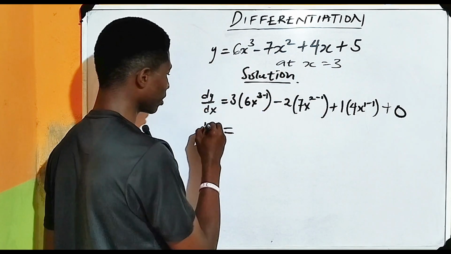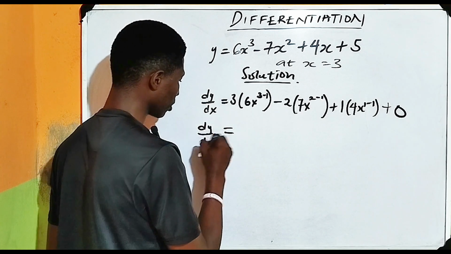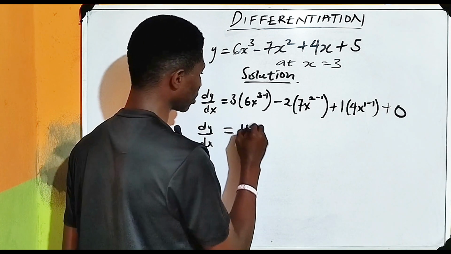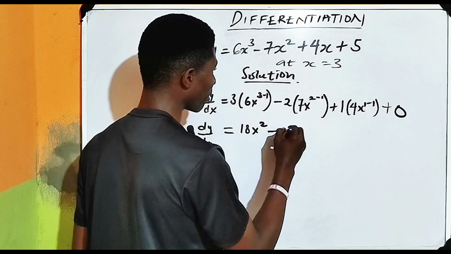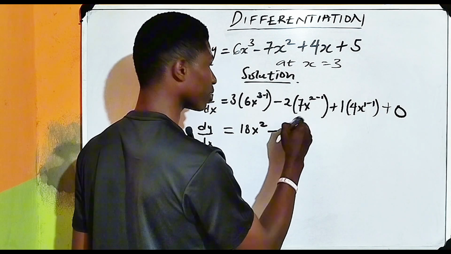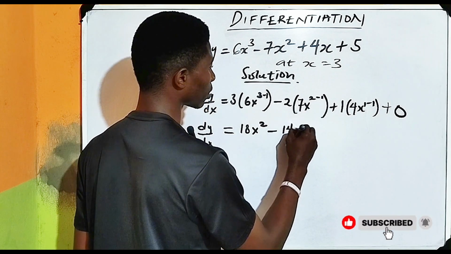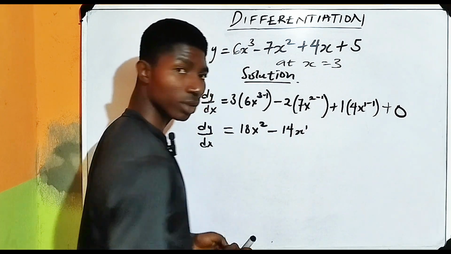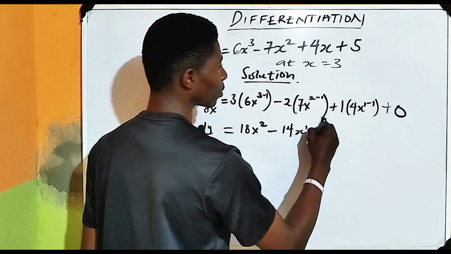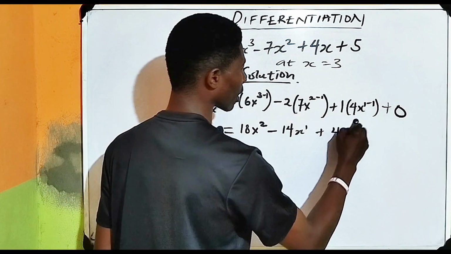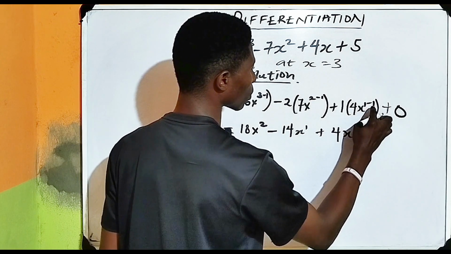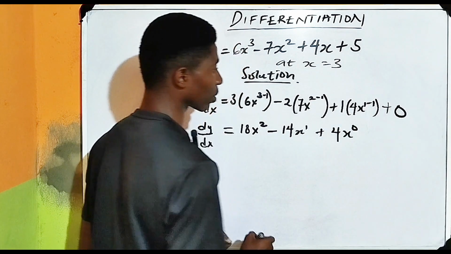So, dy over dx, 3 times 6, 18, x squared, minus 2 times 7 is 14, 2 minus 1 is 1. You get it? Plus 1 times 4 is 4, x, 1 minus 1 is 0.